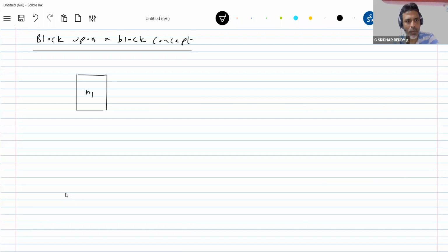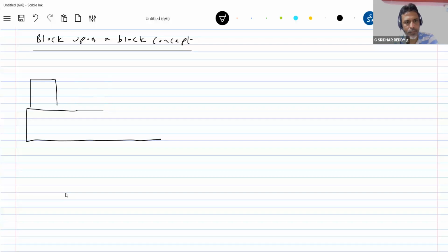Now this is the block. This is a plank. This is a long plank of mass M2.